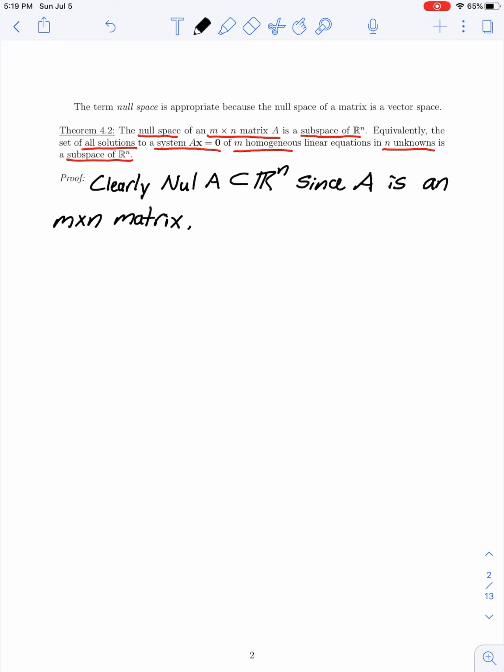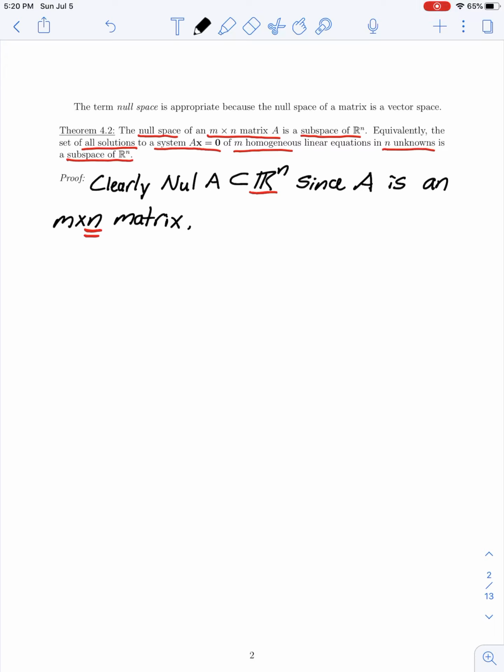So we're looking for vectors that we would be able to multiply by an M by N matrix. Remember that in order for that product to be defined, the number of entries in our vector would have to be the same as the number of columns of the matrix A, which is N. So any vector in the null space must be an N-dimensional vector here. So we've shown that null A is a subset of Rn.